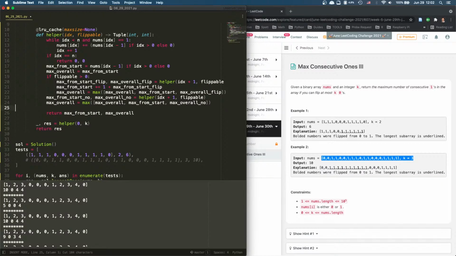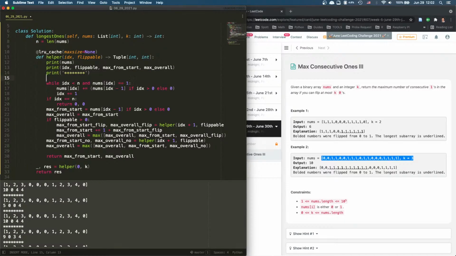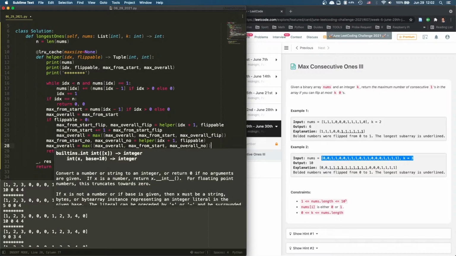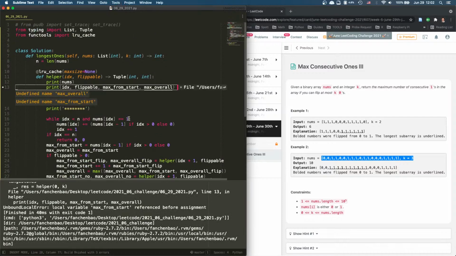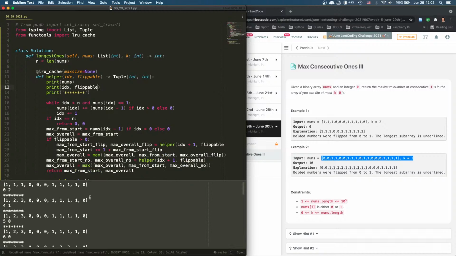Let's call it at the beginning, so we kind of see how things are called. So I do it here. So every time we know where we are. Oh, we don't have max. That's fine. I just want to see the order of calling. So we have first call 0 and 2. Second call after them: 0, 1, 2, 0, 1, 2, 3.